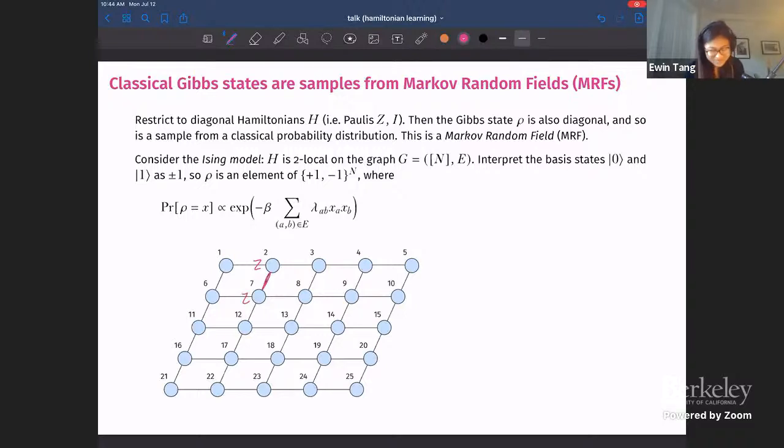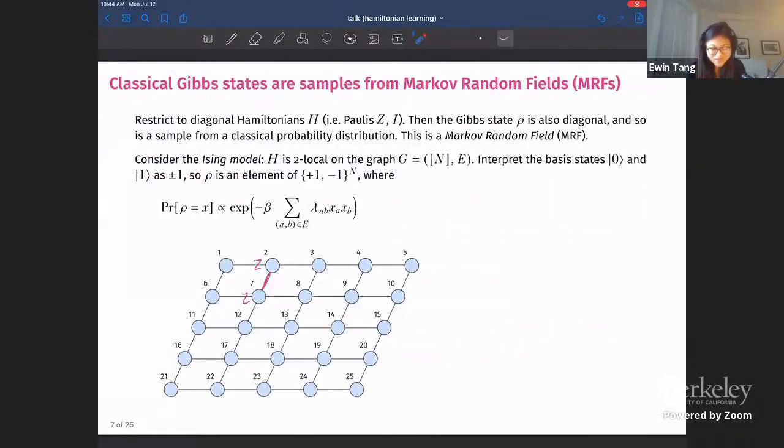In this setting, if you reparameterize the basis states as plus or minus 1, then the probability distribution of the Gibbs state follows this distribution. And so here the goal becomes: we're given a bunch of samples of this probability distribution, and our goal is to measure the lambdas.